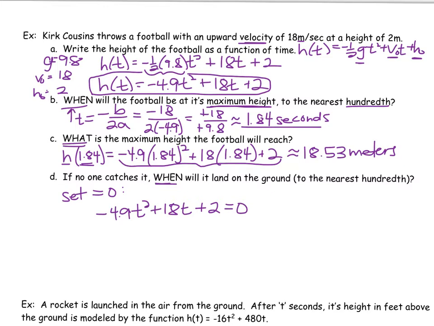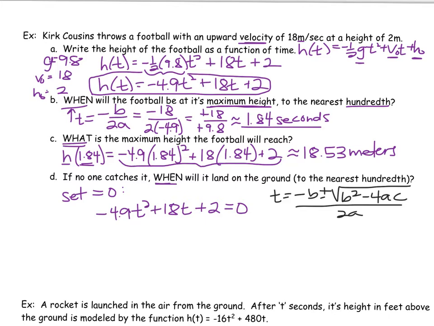To solve, we have to go back to quadratic formula. This will not be factorable. So quadratic formula, t equals negative b plus or minus the square root of b squared minus 4ac all over 2 times a.